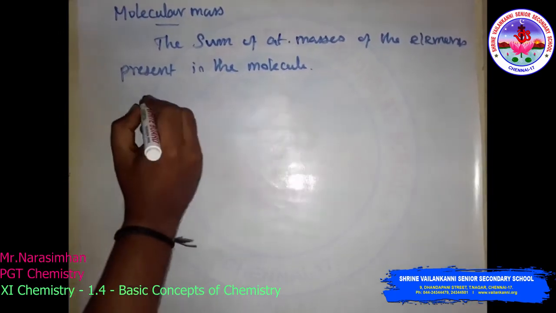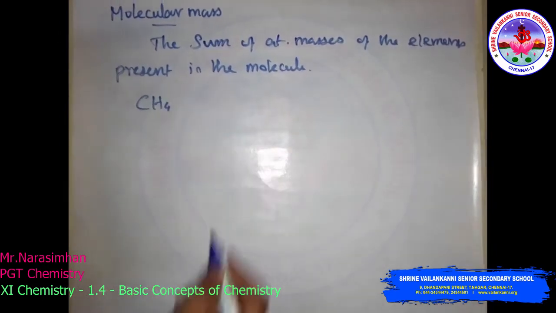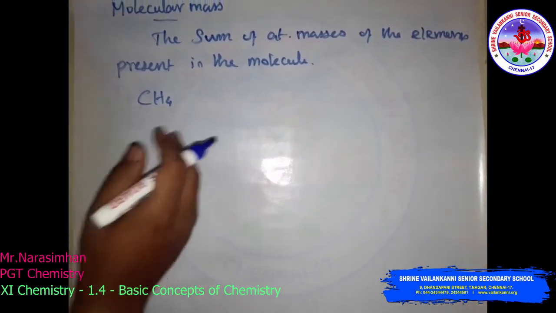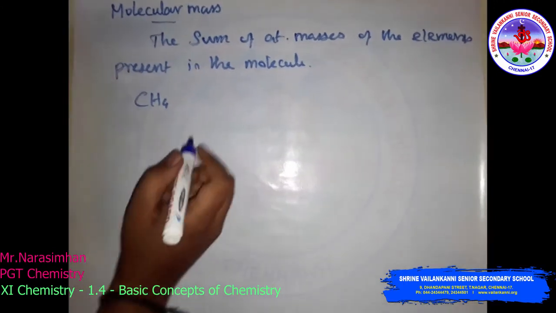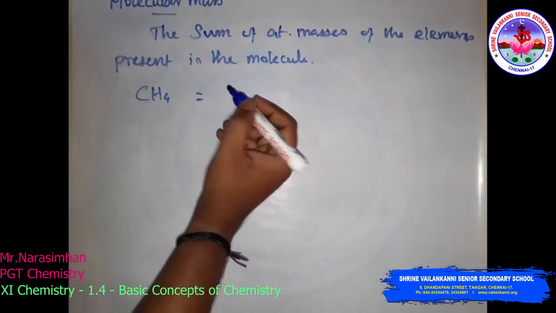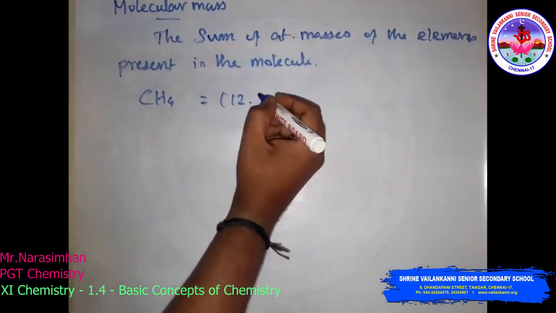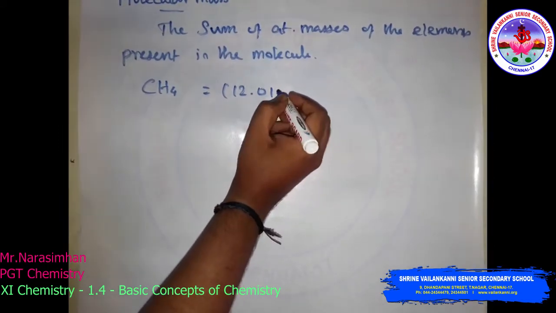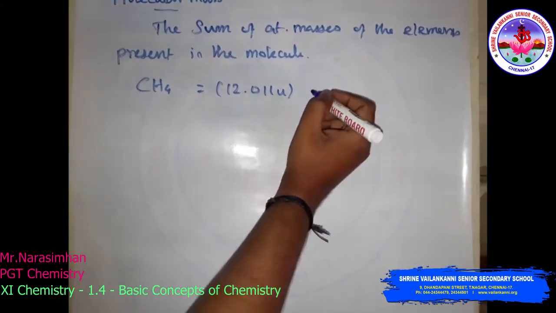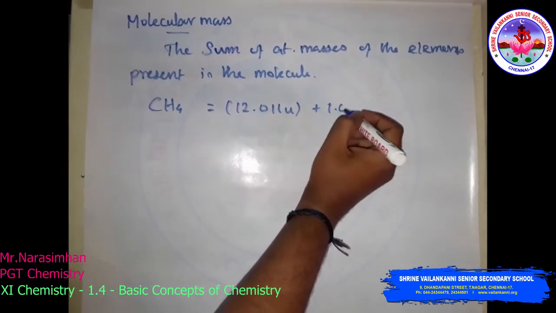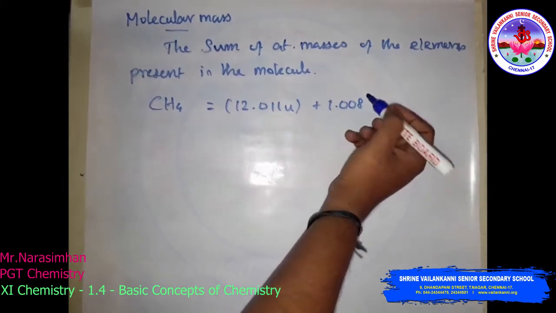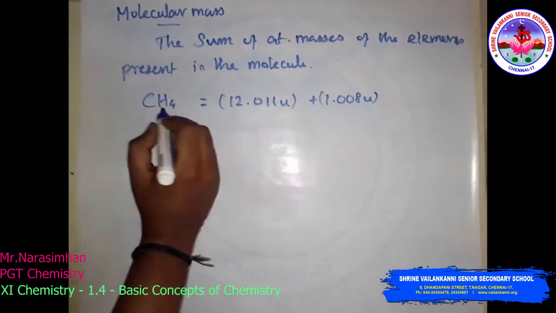For example, methane. We can find out the molecular mass. The molecular mass of methane, which contains one carbon atom and 4 hydrogen atoms. The atomic mass of carbon is 12.011 U, and the mass of hydrogen, as we already know, is 1.008 U. How many hydrogen atoms are present? 4.